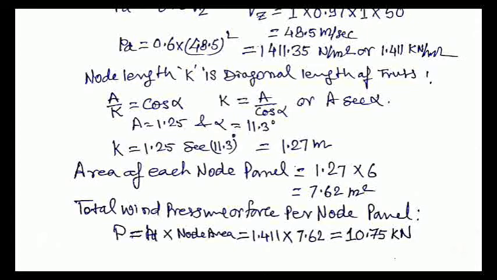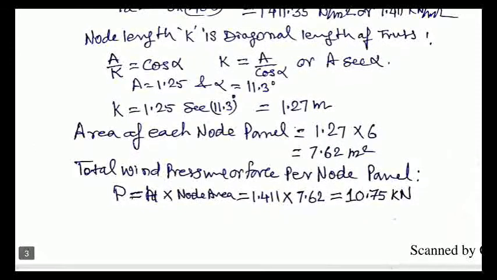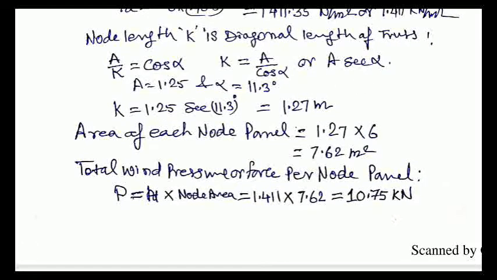So node length K is the diagonal length of the truss. K comes out to be A sec alpha, where alpha is 11.3 and A is 1.25, the horizontal nodal length, because there are 20 nodes and the horizontal span is 25. So 25 divided by 20 comes out to be 1.25. So K comes out to be 1.27.